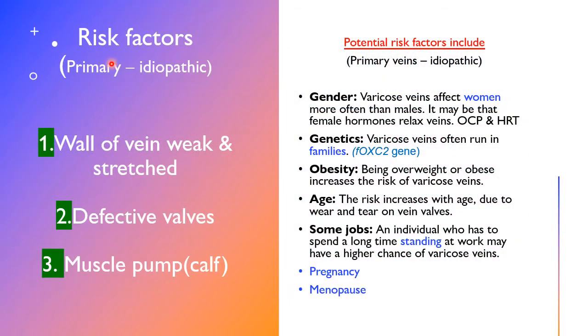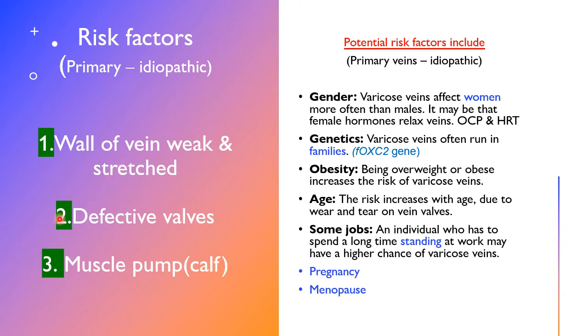In this slide, we talk about the risk factors. I said the majority of the causes is idiopathic. It's known as primary or idiopathic, where the cause is not known. But the three main factors that contribute to varicose veins are, first, a defect or weakening of the vein wall, where the vein becomes overstretched.